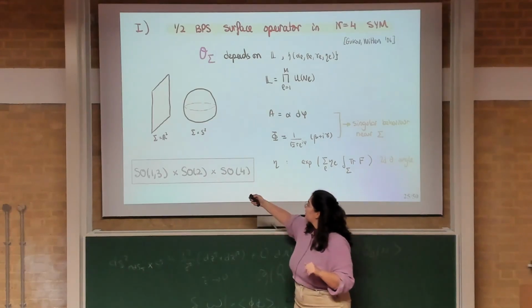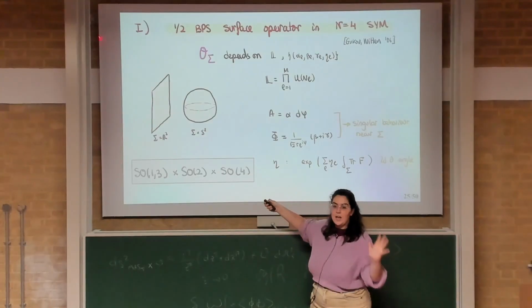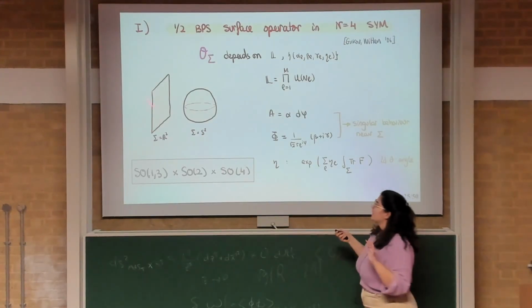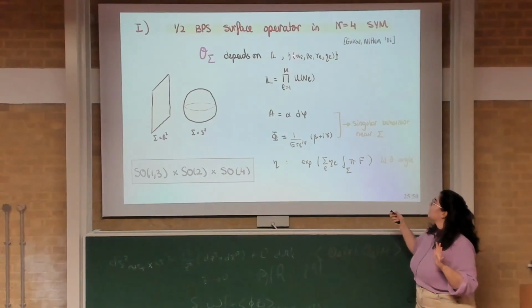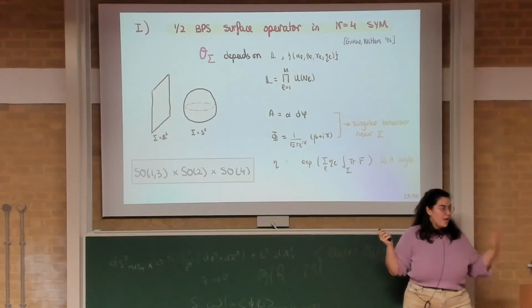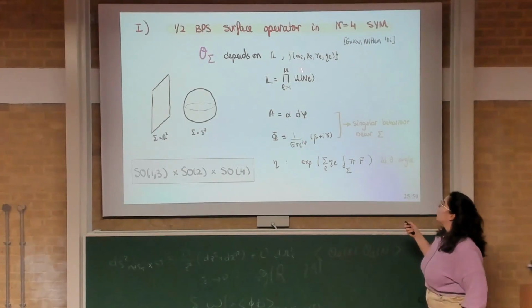Here I could think that I have this probe string and I am moving it around, and this is how I define this surface operator. But it depends on many continuous parameters, which is very different from the Wilson loop and makes it a very interesting observable.